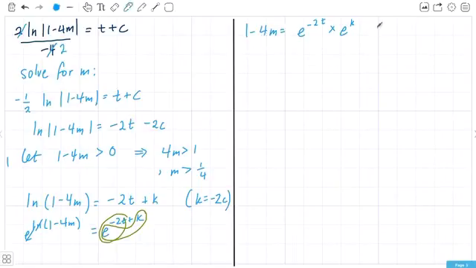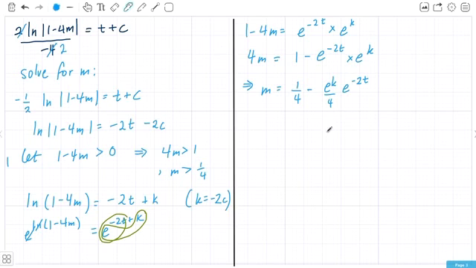And I'm going to take the 4m to that side and take everything over this side. So to finish off, we've got m equals a quarter minus e to the k on 4, e to the negative 2t.